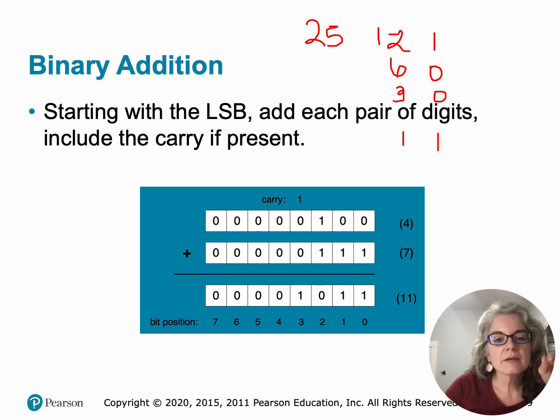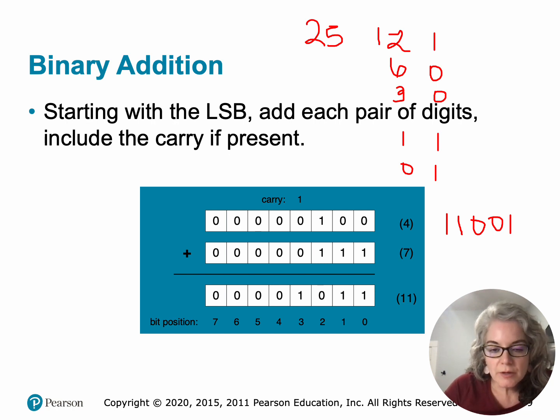And 1 divided by 2 is 0 with a remainder of 1. So the binary number for 25 is 1, 1, 0, 0, 1.